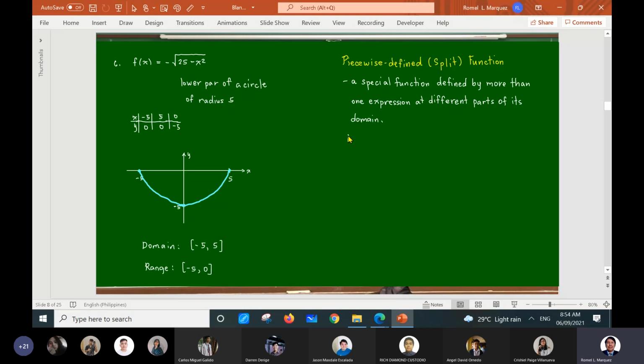Examples, we have the following. Number one, f of x is equal to 2 if x is, let's say, less than 1, and it is equal to negative 3 if x is greater than positive 2.